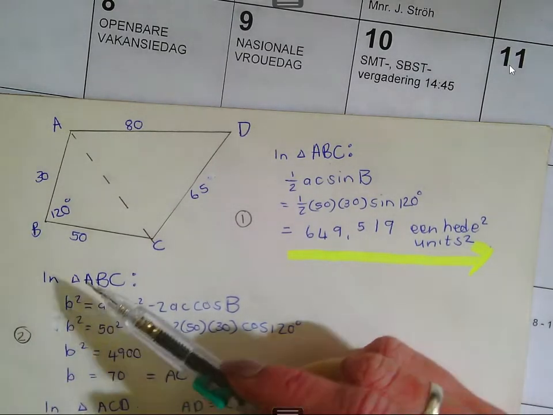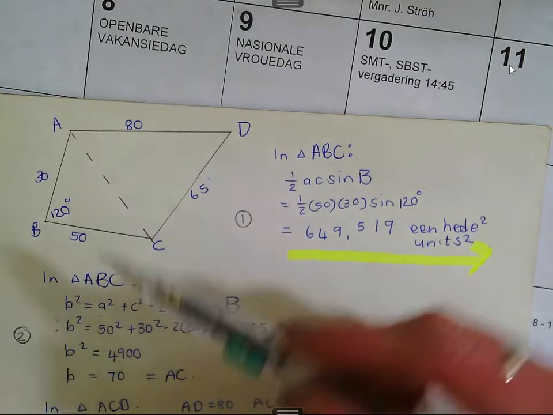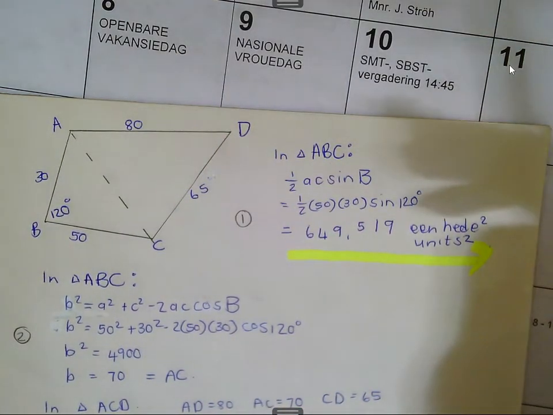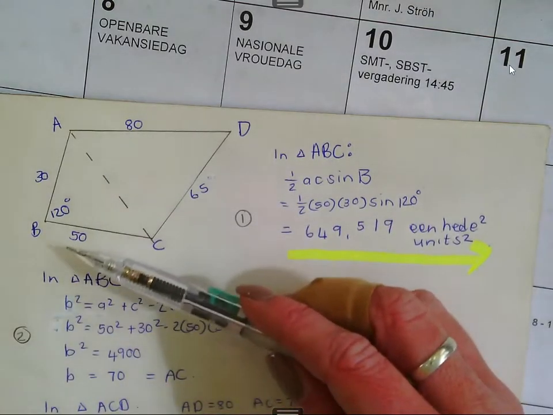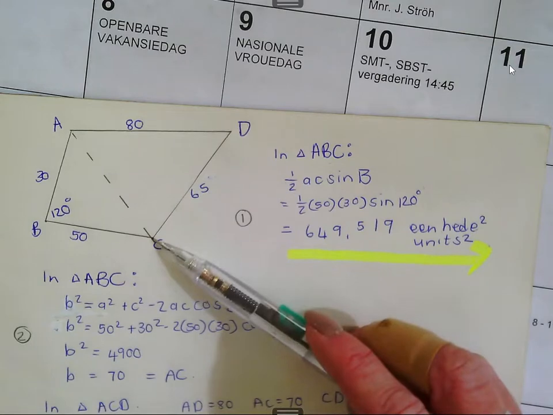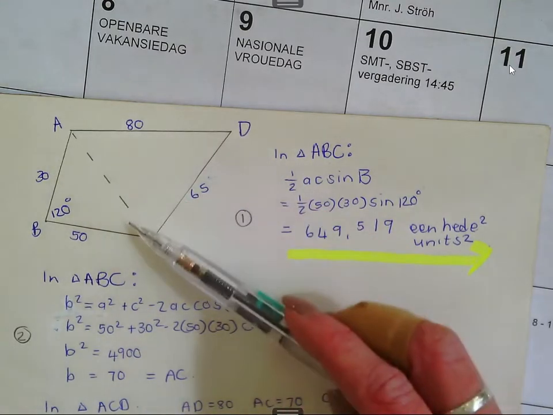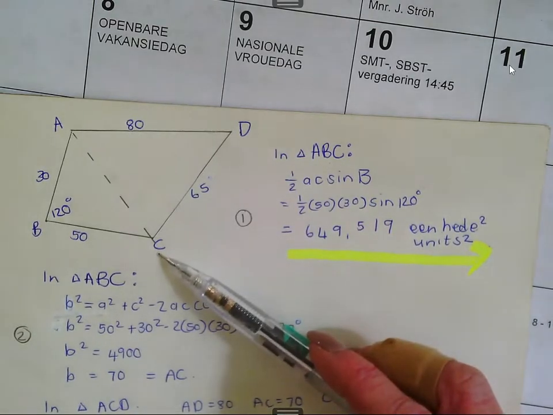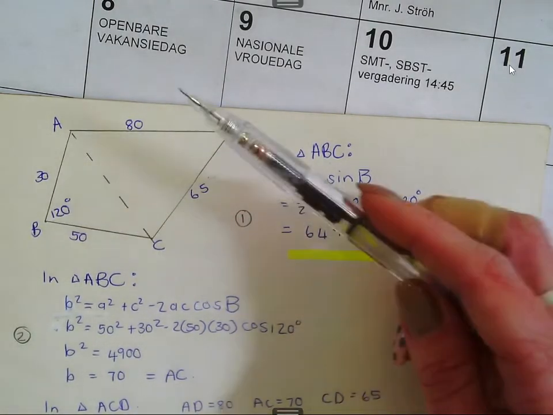Then once again in triangle ABC, so I'm still staying in this one. I'm not working in the other one yet because I don't have enough information in the other one. In this triangle again, I'm going to find the length of the small letter b, so it's the side, but b is also the side AC, and it's also called side d in the other triangle.